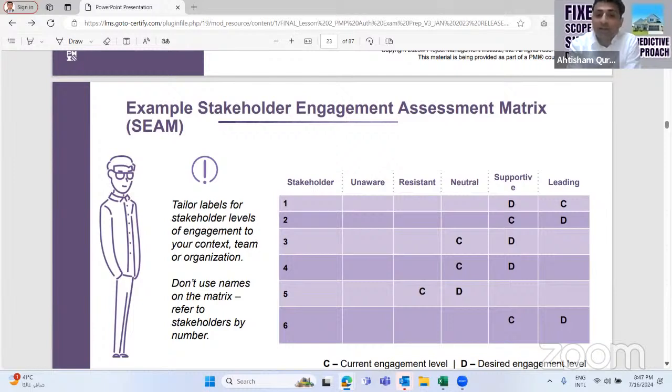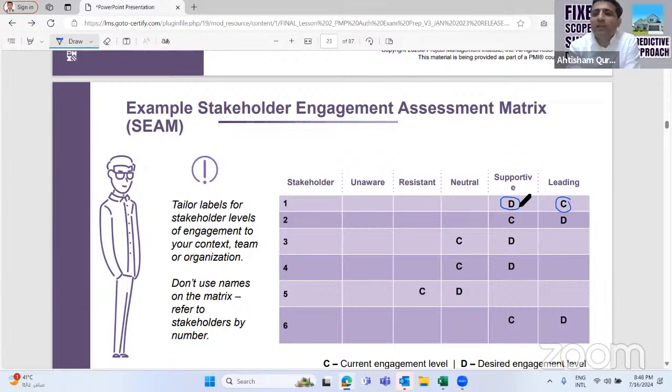It could be that stakeholder 1 is actually right now currently leading the project. Okay, this is the current level of stakeholder 1. However, what we wanted or desired level of stakeholder 1 was that we need at least them to be supportive.